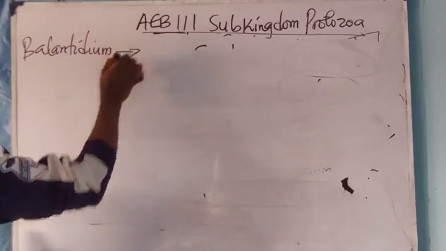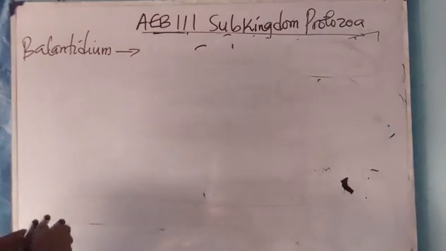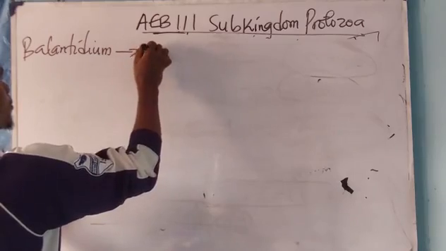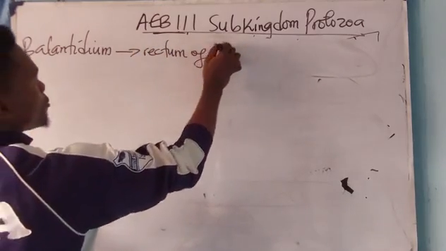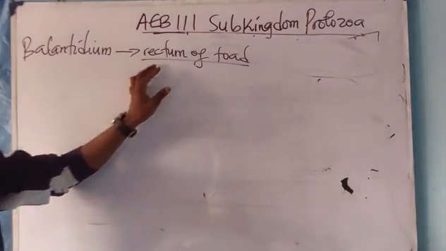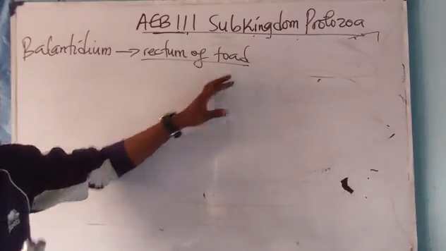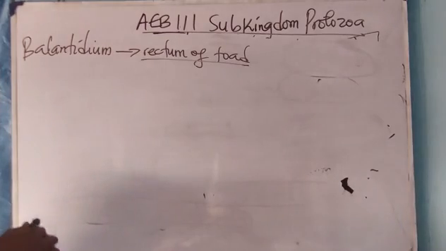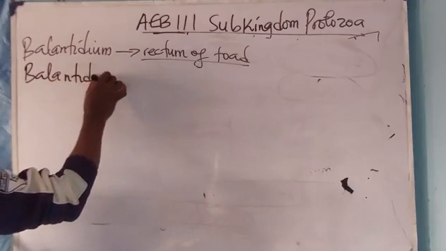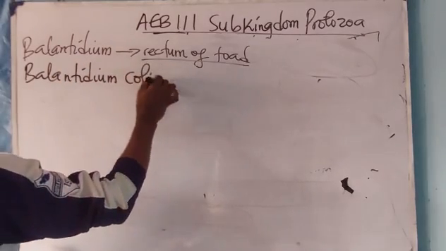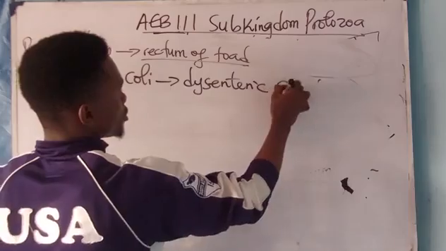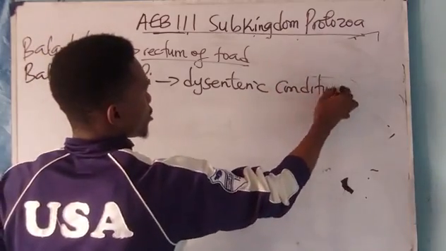Balantidium is an endocommensal found in the rectum of the toad, which means commensalism. Another example is Balantidium coli, which causes a dysenteric condition. All of these are ciliates.